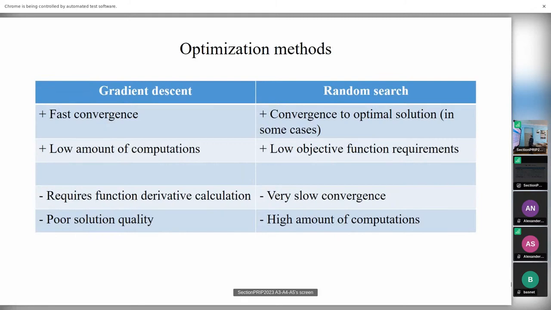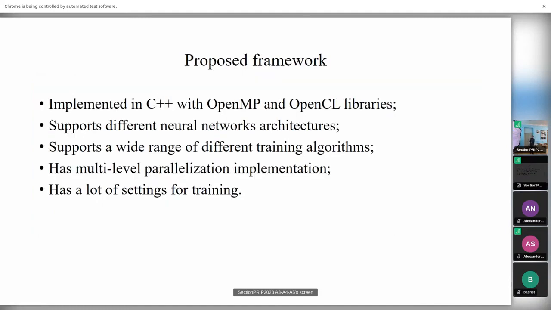But it is very, very slow, with logarithmic convergence speed, and it needs a large amount of computation for objective function value estimation. But nowadays computers become more and more powerful, so this problem became less significant, and random search became more and more popular.